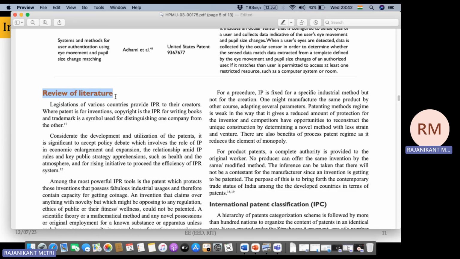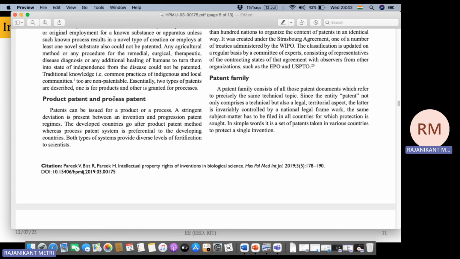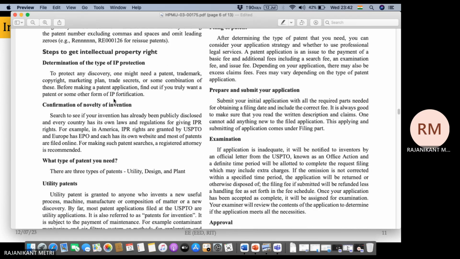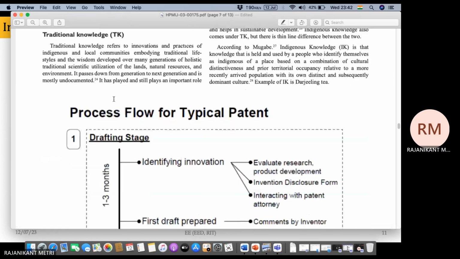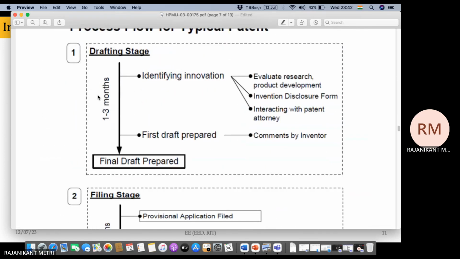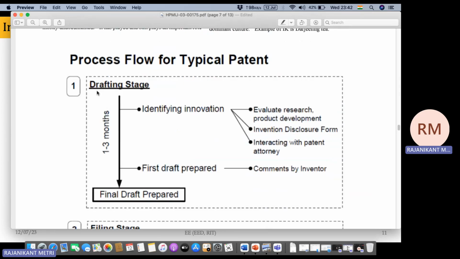Here, the authors have done an extensive review of literature, and the process flow of a typical patent.